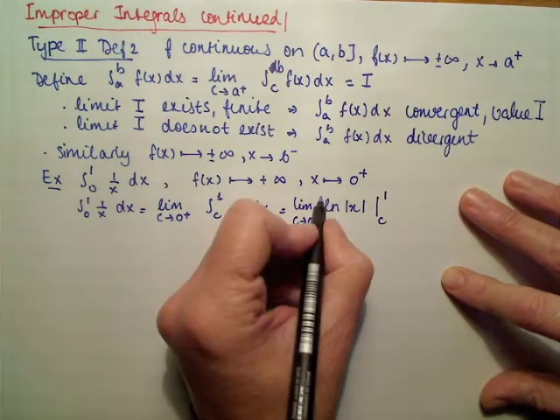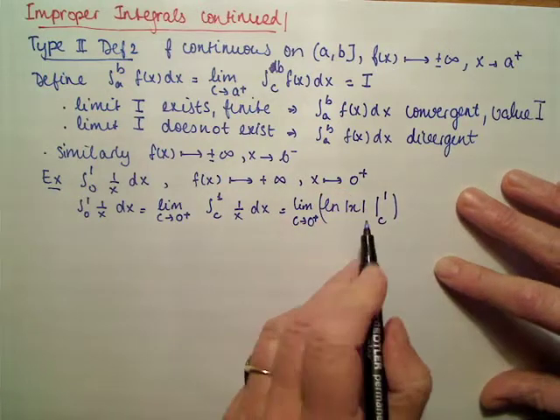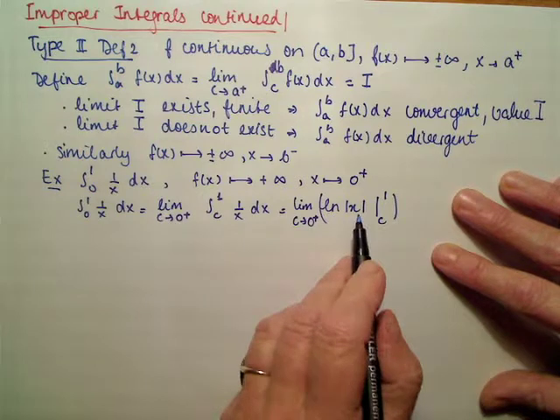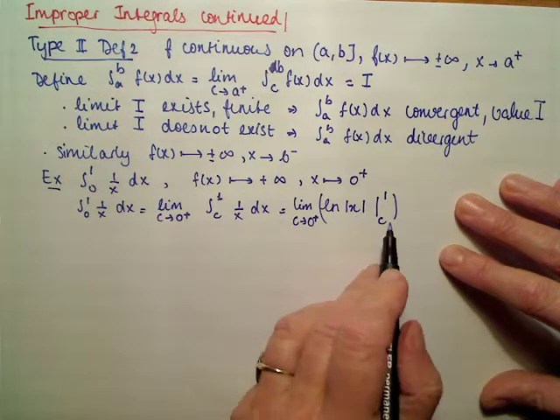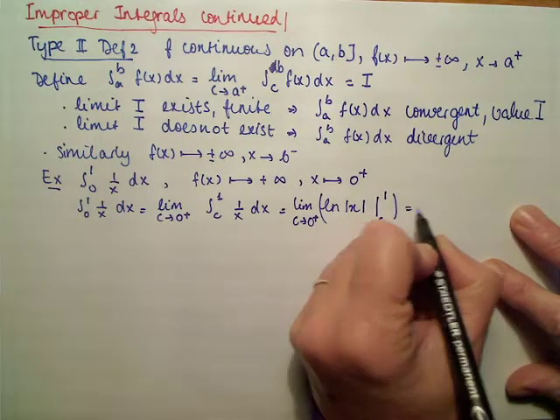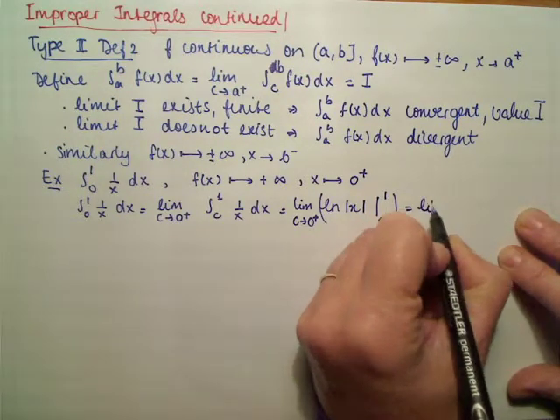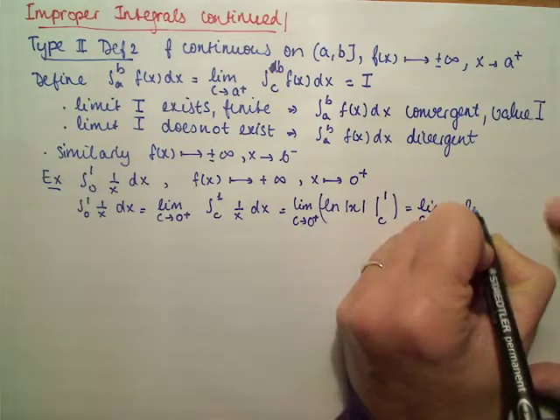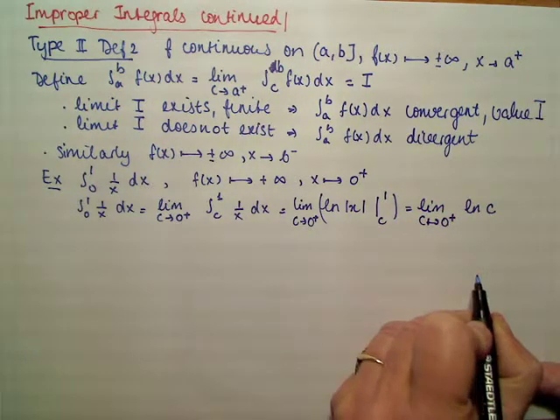So what we get is the logarithm of 1, which is 0, minus the logarithm of c in absolute value, but c is positive, so we get minus the natural logarithm of c, and we have to compute the limit as c tends to 0 from the right.